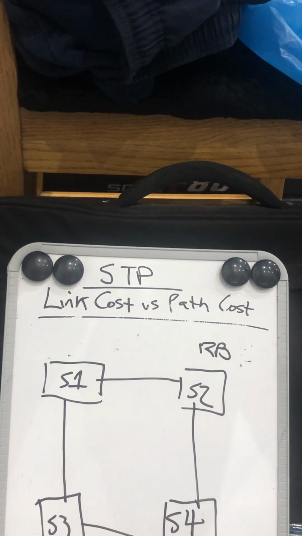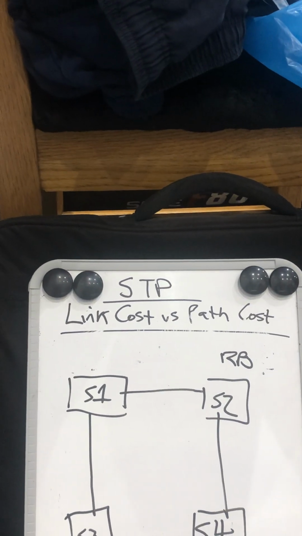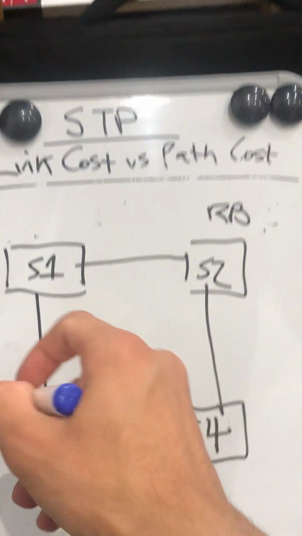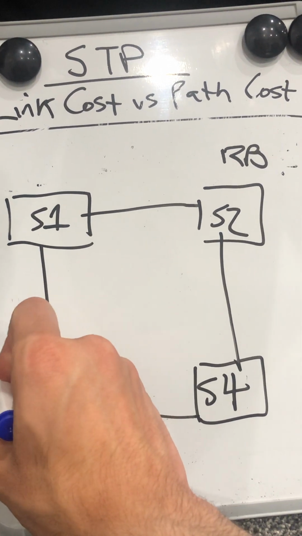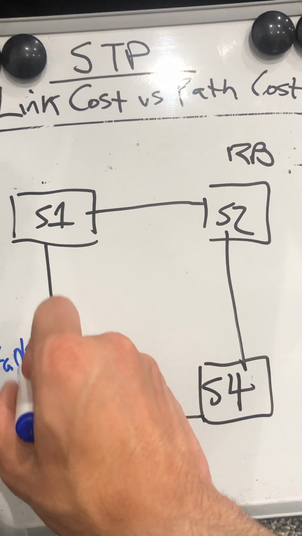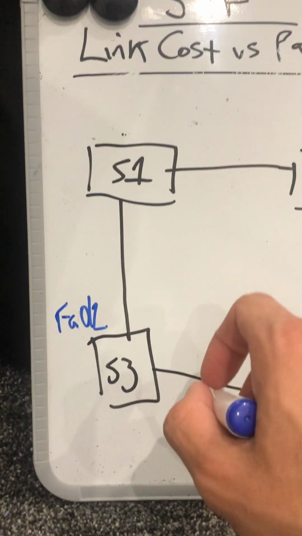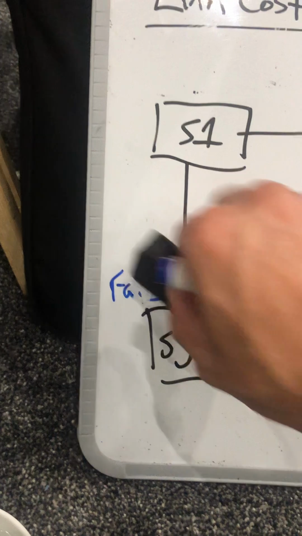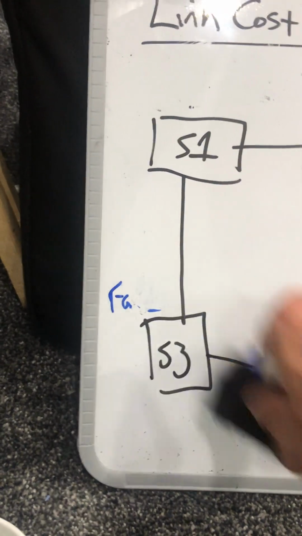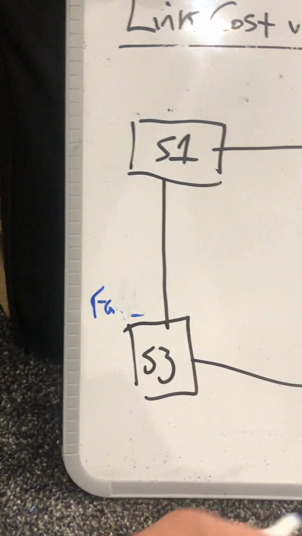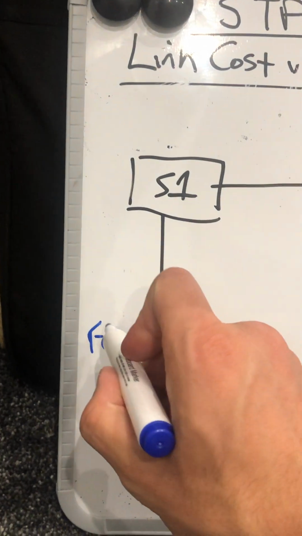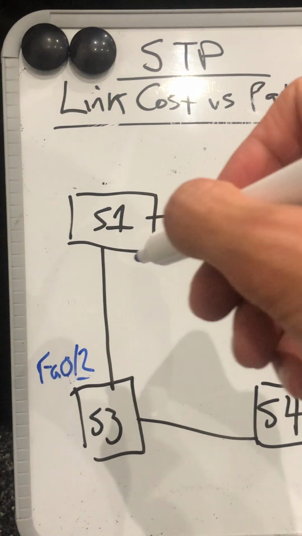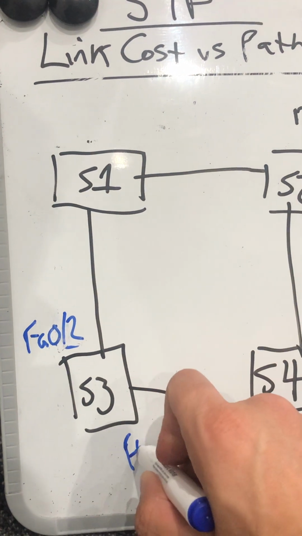For switch 3, we've got a fast Ethernet port here, FA 0/2, excuse my handwriting, and we've got 0/3.